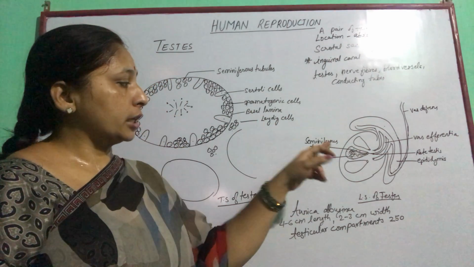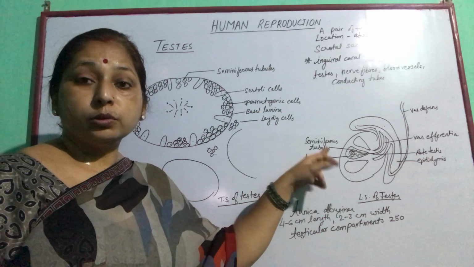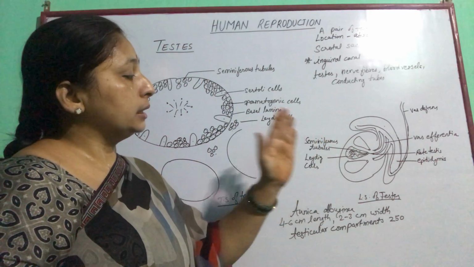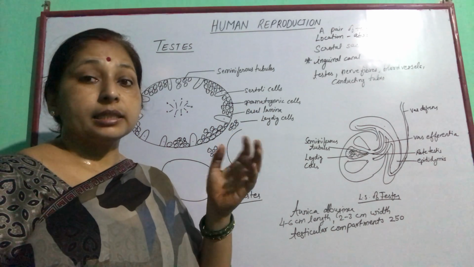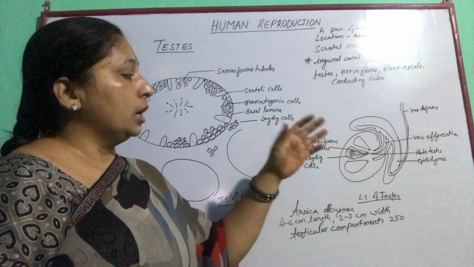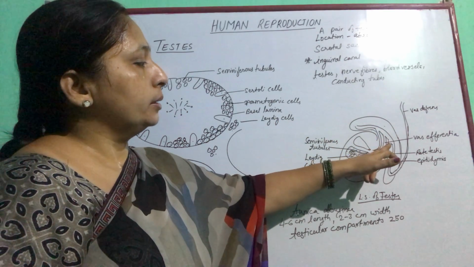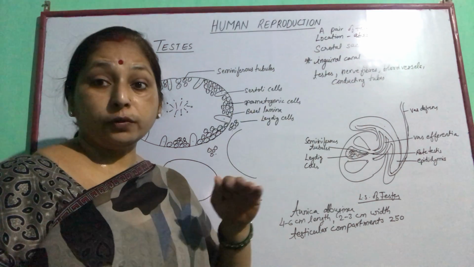Long tubular structures are present, the seminiferous tubules. Inside them the sperms are formed, and the Leydig cells, or connective tissues, provide nourishment to the growing sperm. From here it is transported via the vas efferentia to the epididymis, where it is stored.